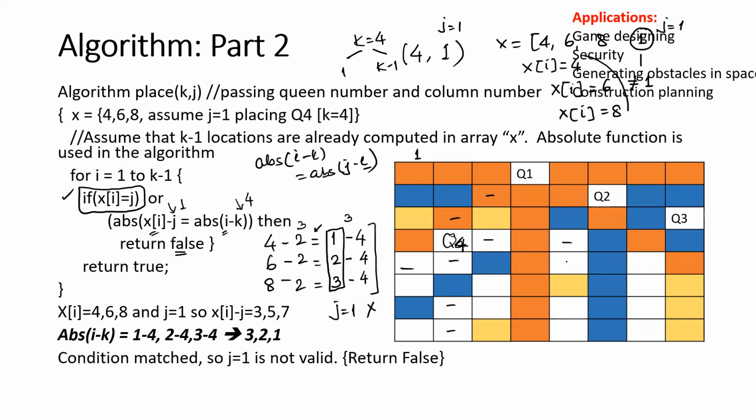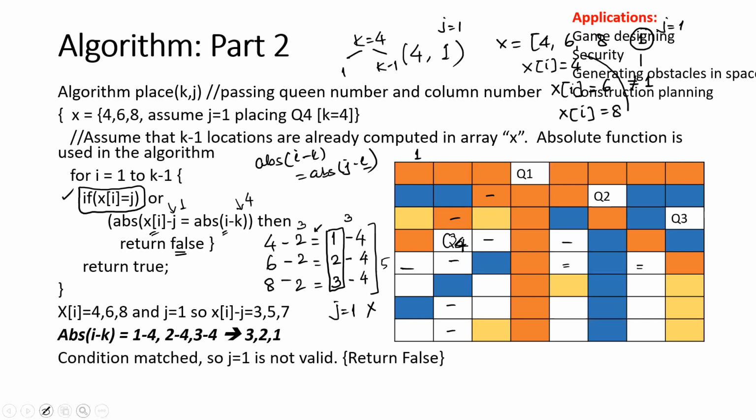So if you take now queen number 5, probably you are using either column number 5 or column number 7. So with this constraint, it is very clear that in this for loop, if one of the conditions is not satisfied, the return value will be false.